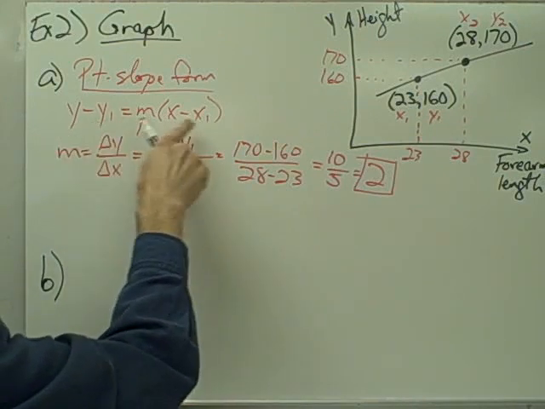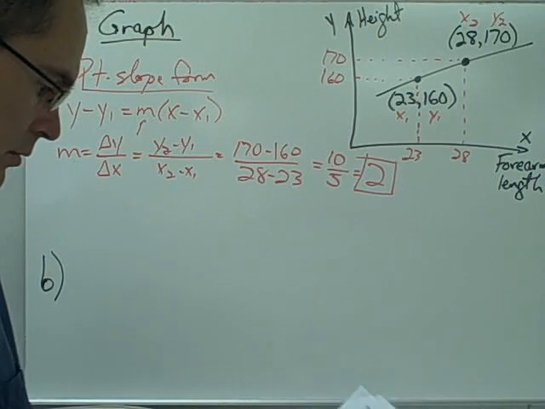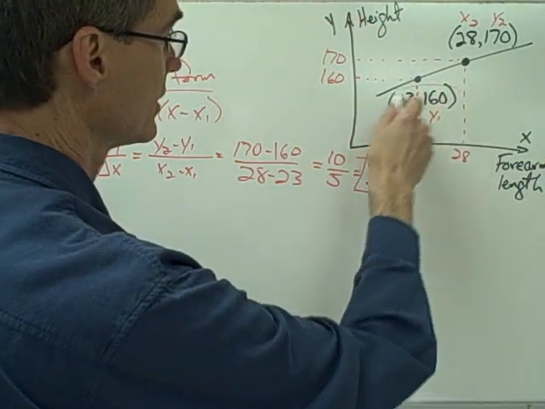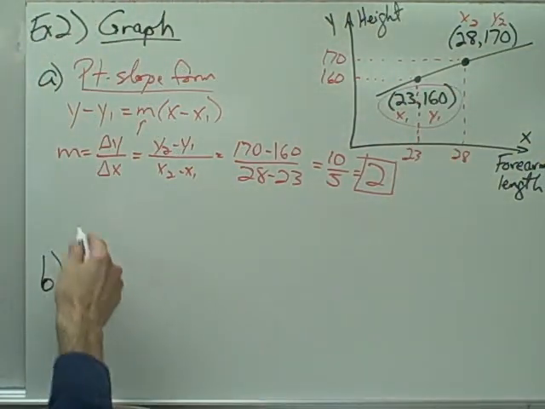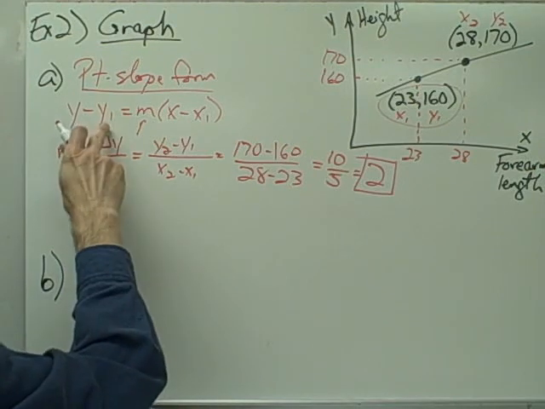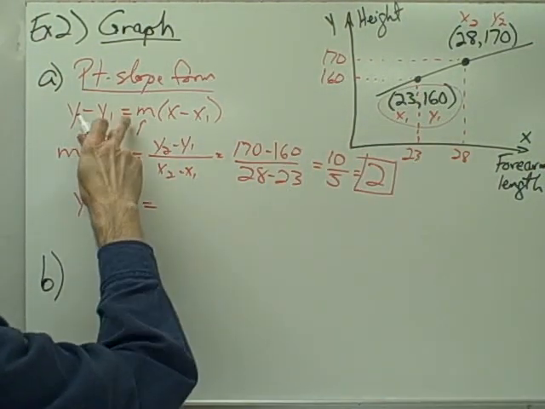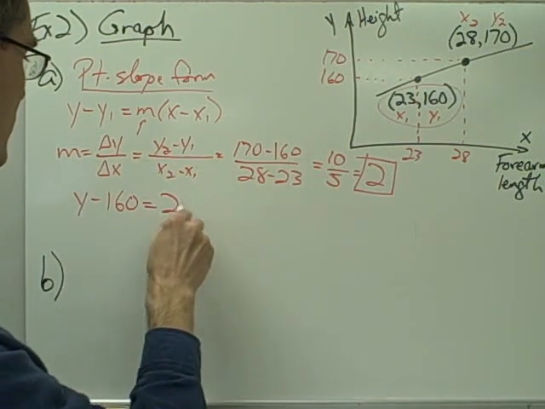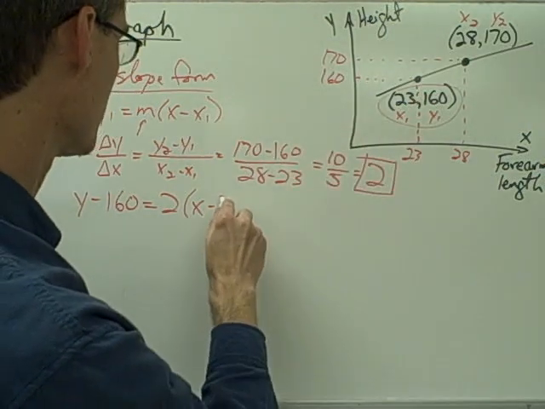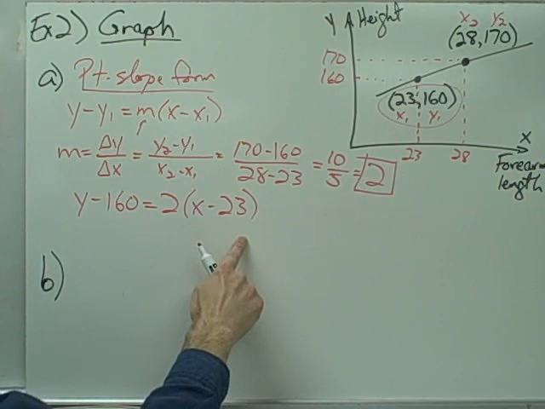So let's see, I need one of my points, and how about if I choose this point right here. So I've got my point-slope form, y minus y1, so y1 will be 160, equals m, and my m value is 2, times x minus x1, my x1 value is 23, and now I have a formula for my function.